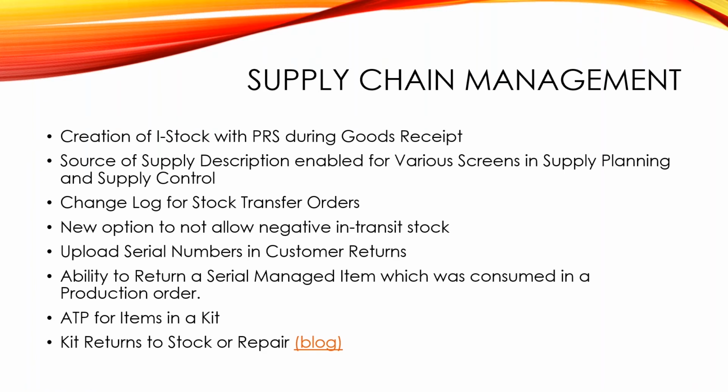So the creation of iStock with your product specification during the goods receipt. So now when the warehouse is doing a goods receipt and then creating that iStock, they'll be able to see all the details of that product specification from that goods receipt screen.